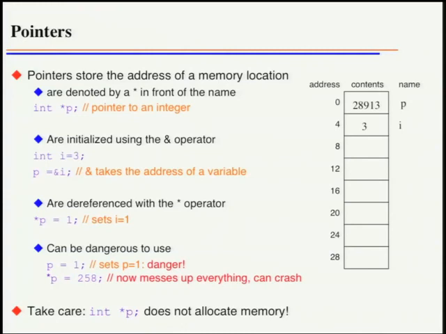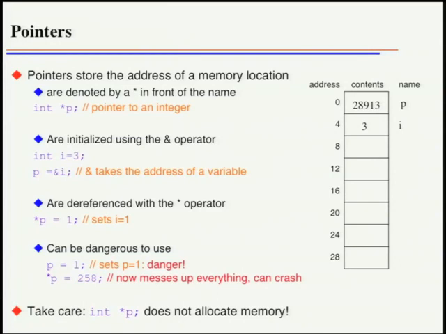Let's see. So just by declaring some pointer p, we have a variable p which will have some contents which are random because we have not initialized it. And here we have declared an integer variable i, which will be in some other location of your memory and which should be initialized to 3.